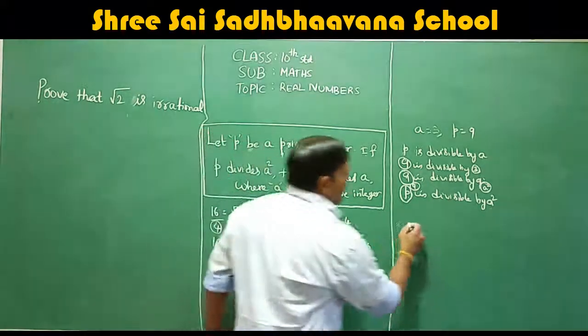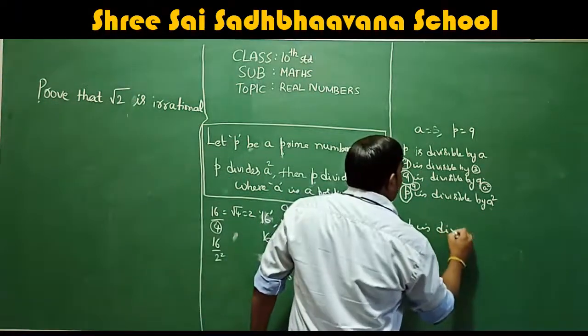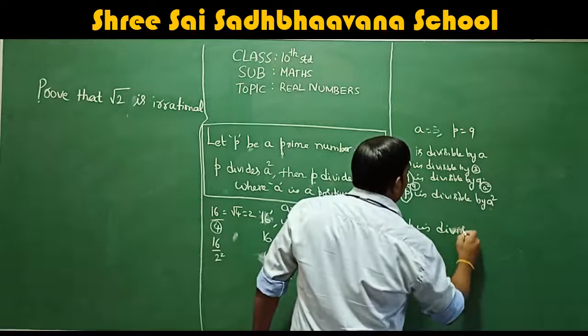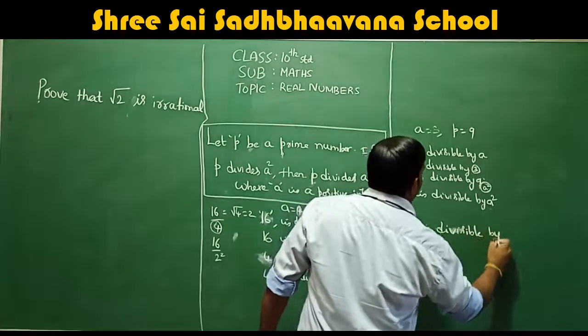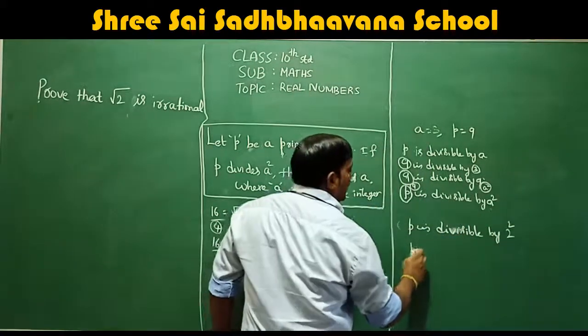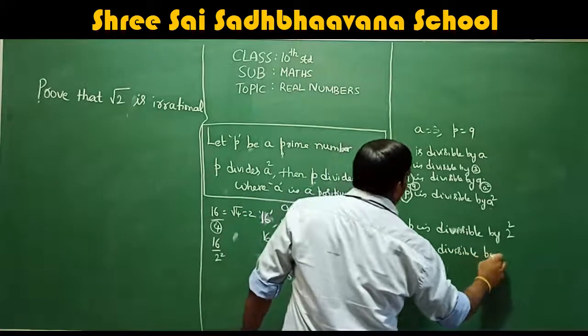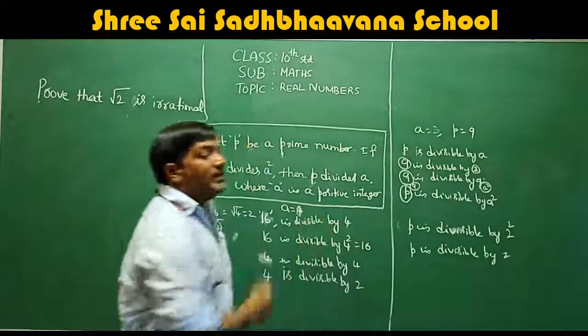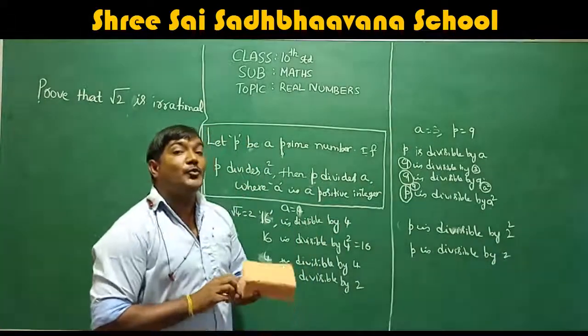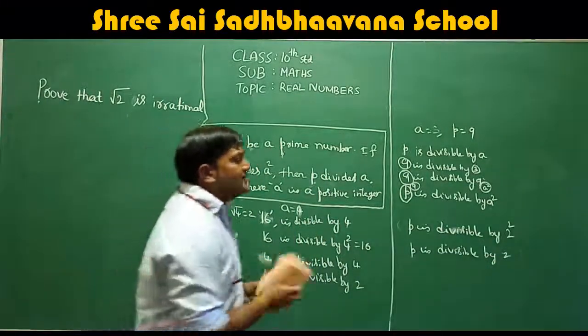Then it is also divisible by 3, correct? For example, p is divisible by 2 square. Then is p divisible by 2 or not? Yes, if p is divisible by 2 square, definitely p is divisible by 2 also. Similarly, change 2 to 4.